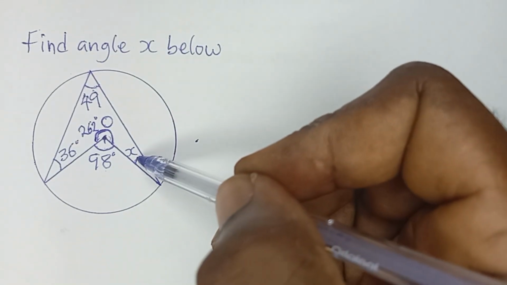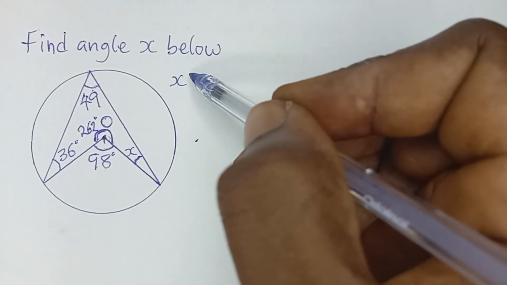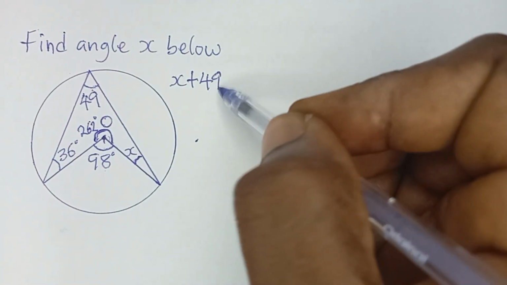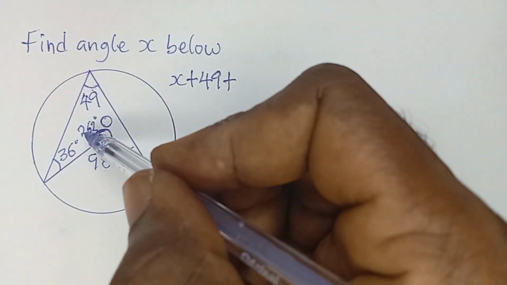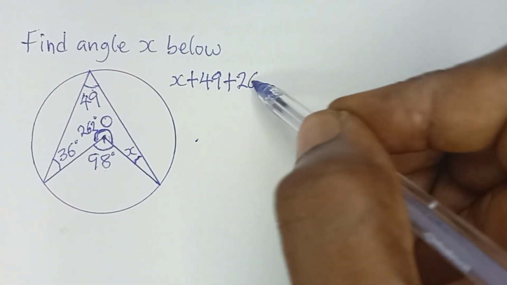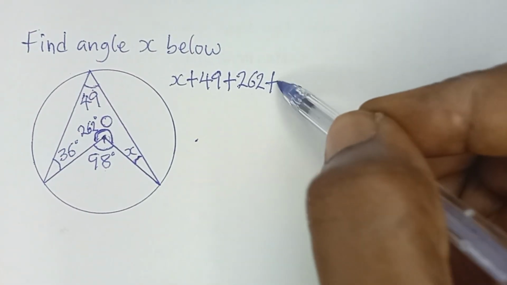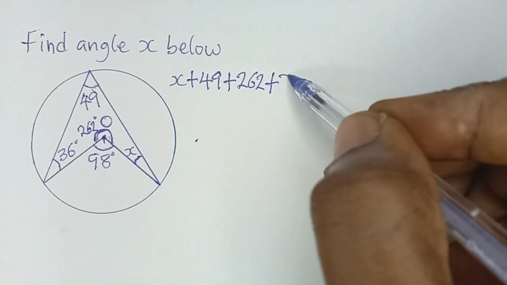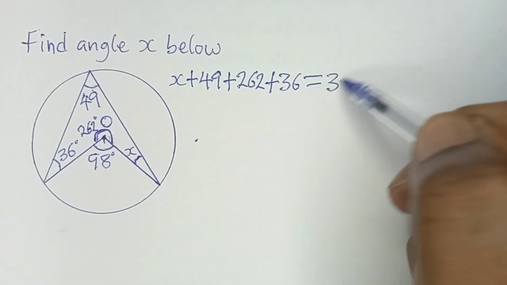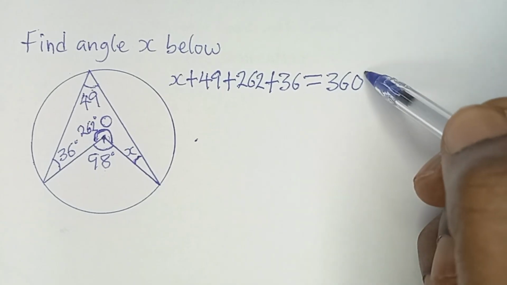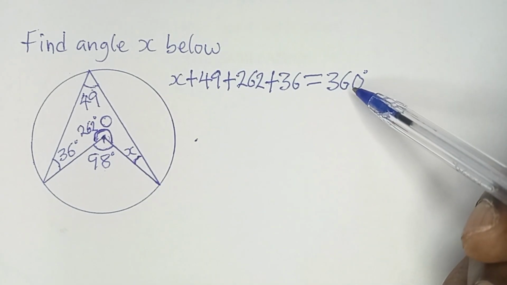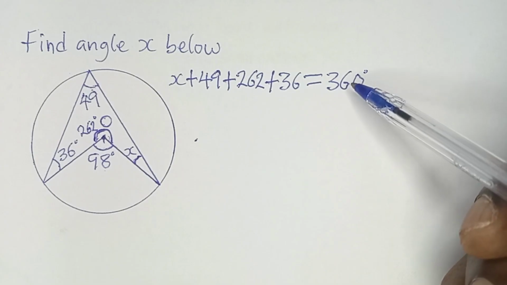So I can simply say one of the angles, which is x, plus 49 plus 262 plus 36. Everything should sum up to 360 degrees, which is sum of angle in a quadrilateral. Hope you are getting it.